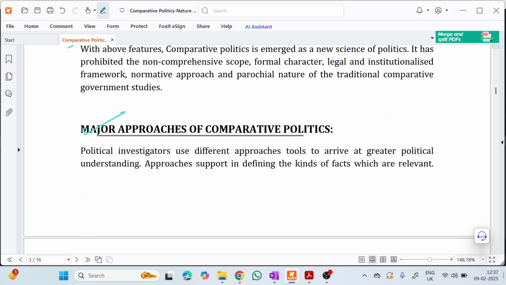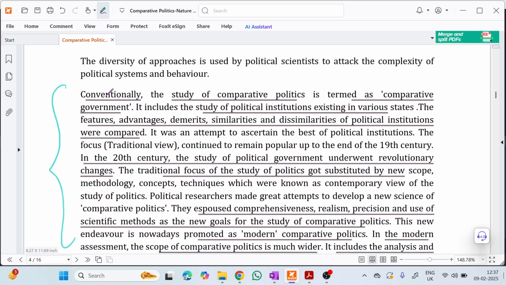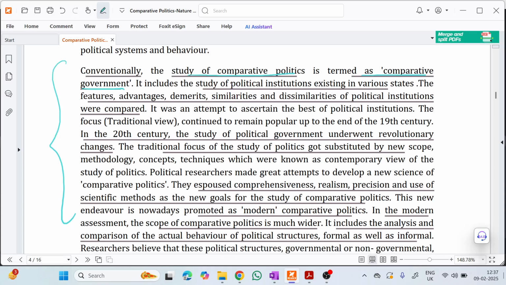Now let's have a look at the major approaches of comparative politics. Conventionally or traditionally, the study of comparative politics is termed as comparative government, and this needs no further elaboration because this has been explained and narrated many a time.